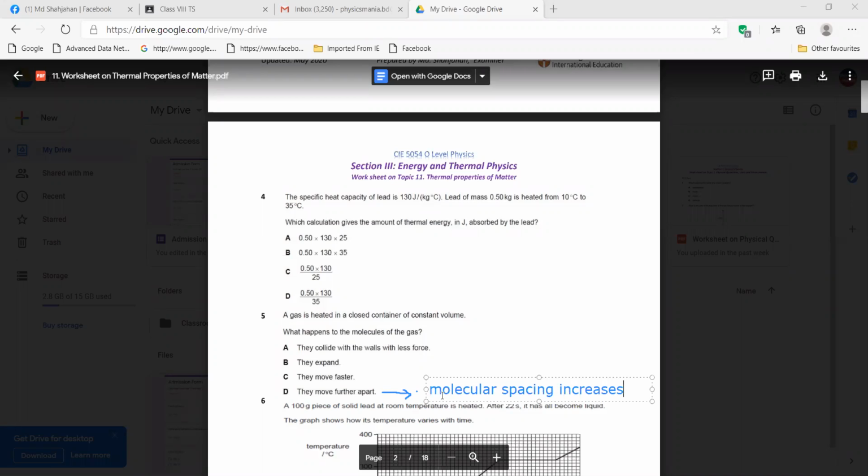Look, you said that it is a closed container, right? Here is the main point: closed container. If it is a closed container, then the molecules stay in a smaller space, right? And when they stay in a smaller space, they move faster, right?